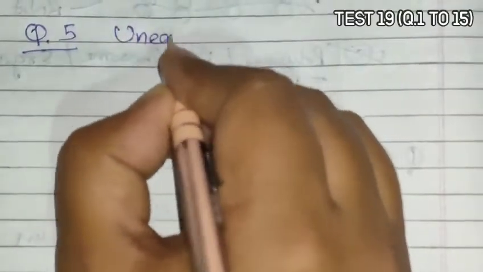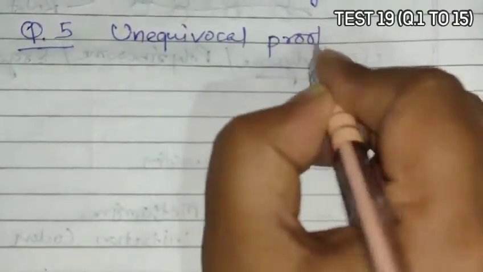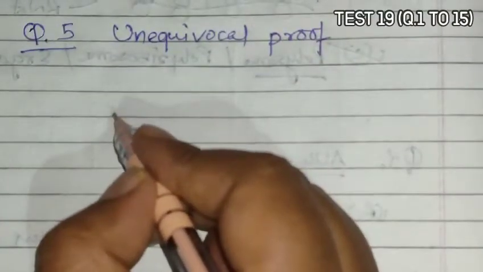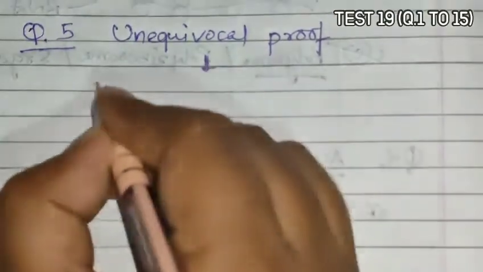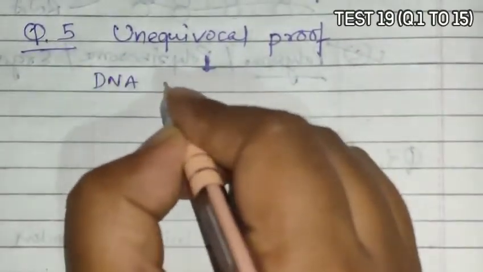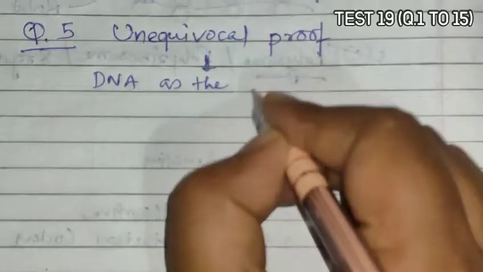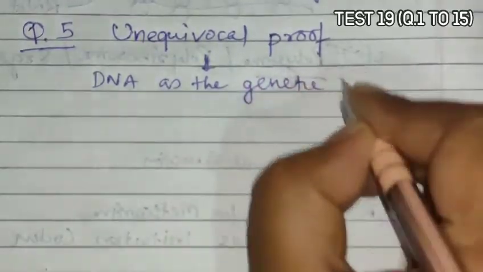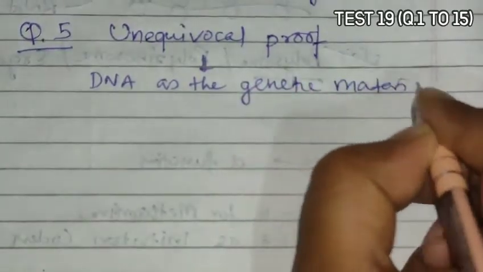Question 5 asks about the unequivocal proof of DNA as the genetic material.